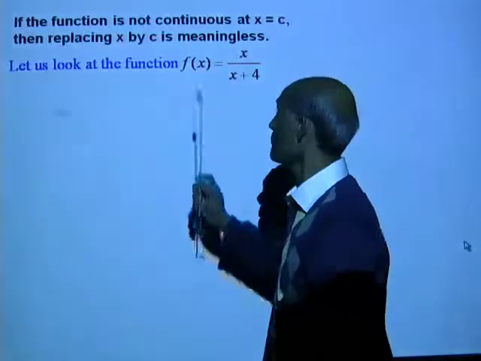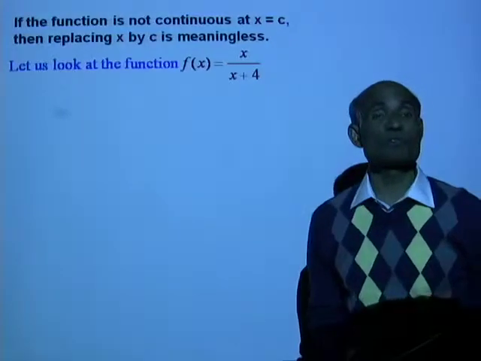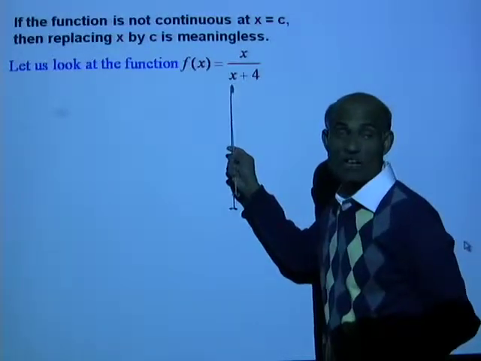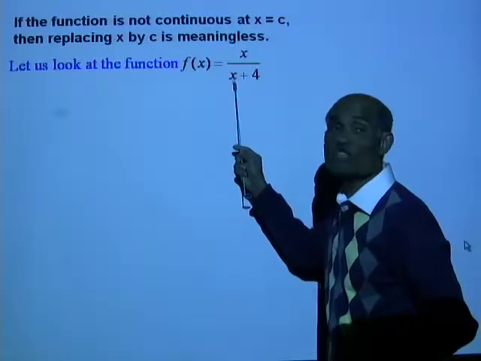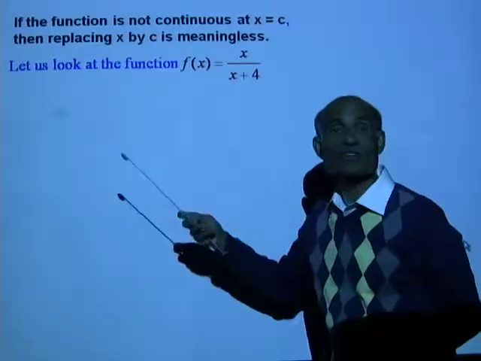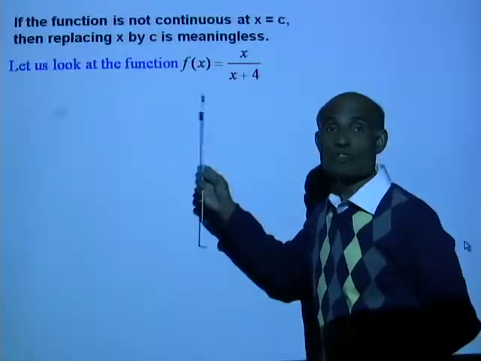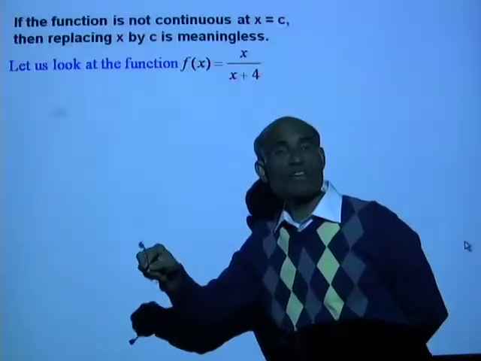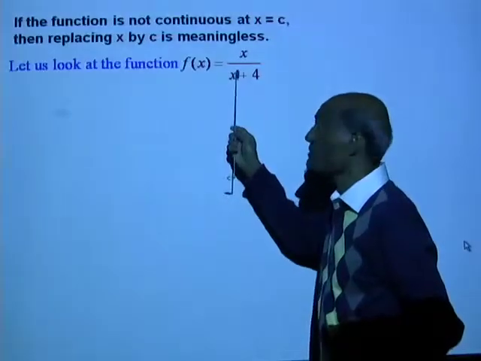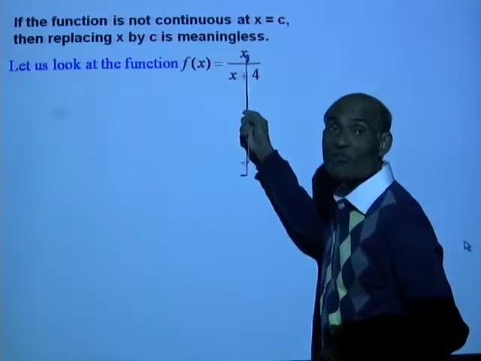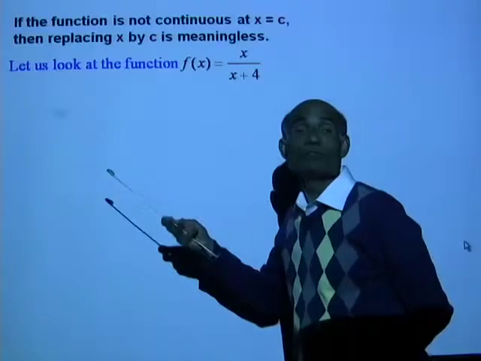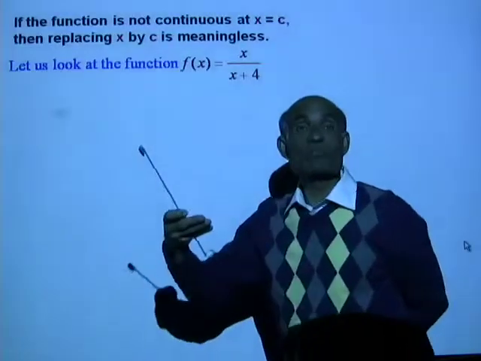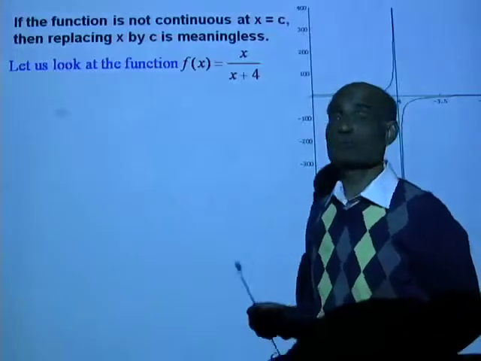For example, in this function, f of x equals x over x plus 4, you know from our discussion earlier that this function is not continuous at x equal to negative 4. So, if you want to find the limit when x approaches negative 4, can you find it by replacing x by negative 4? No, we cannot, because at that input there will be no meaningful output.